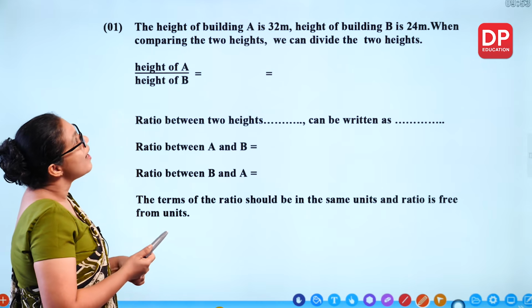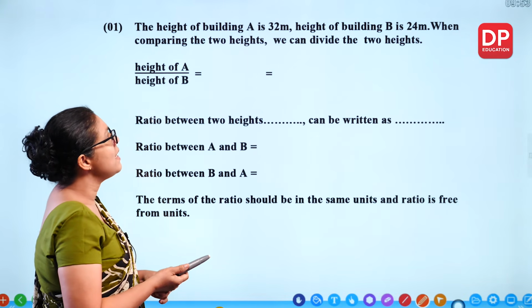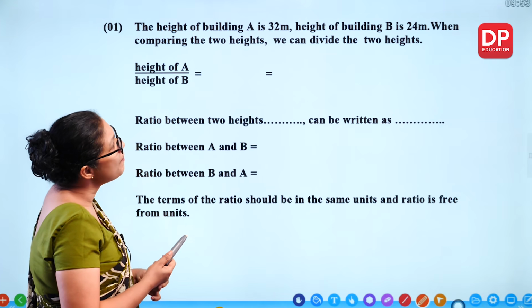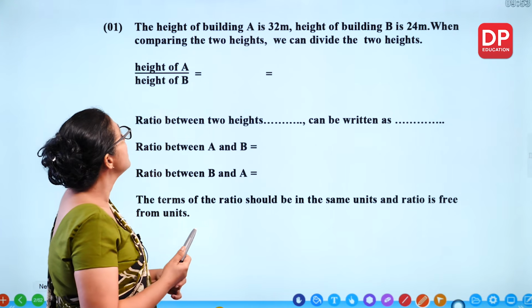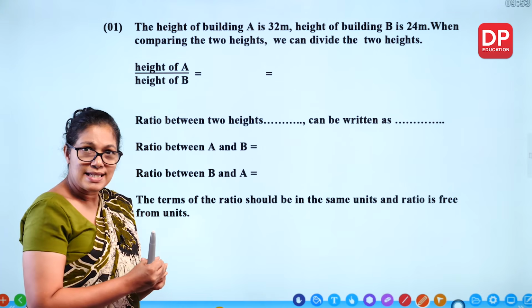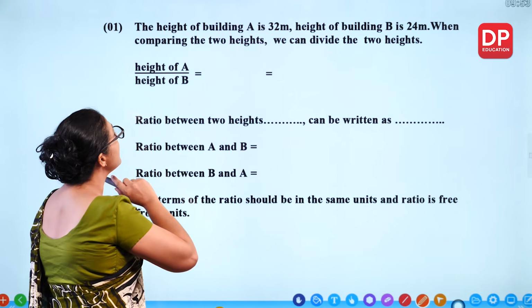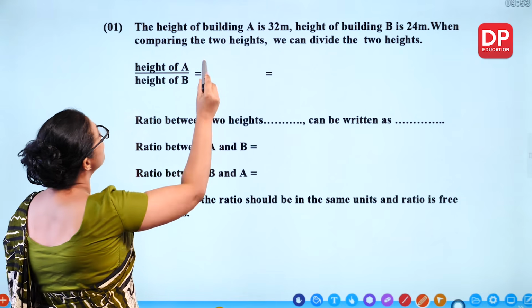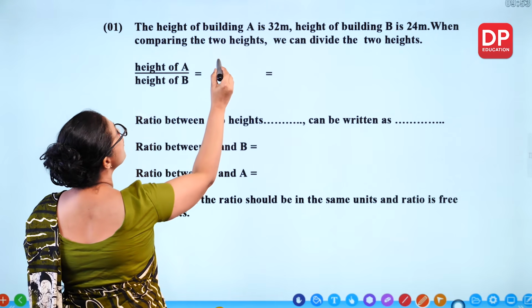Look at this one. The height of building A is 32 meters. Height of building B is 24 meters. When you want to compare the two heights, we can divide. So when you divide height of A by height of B, what do you get?